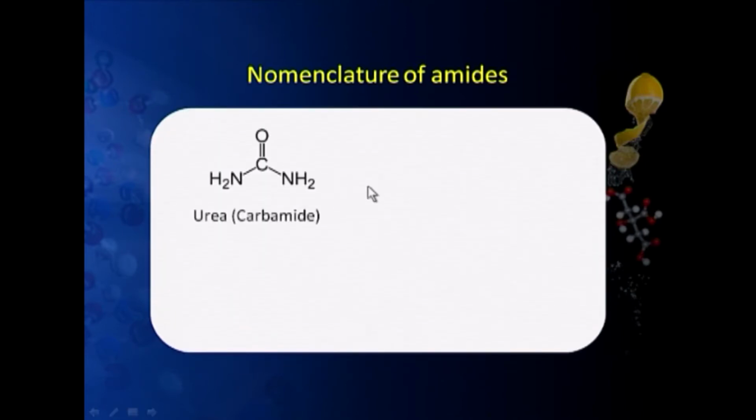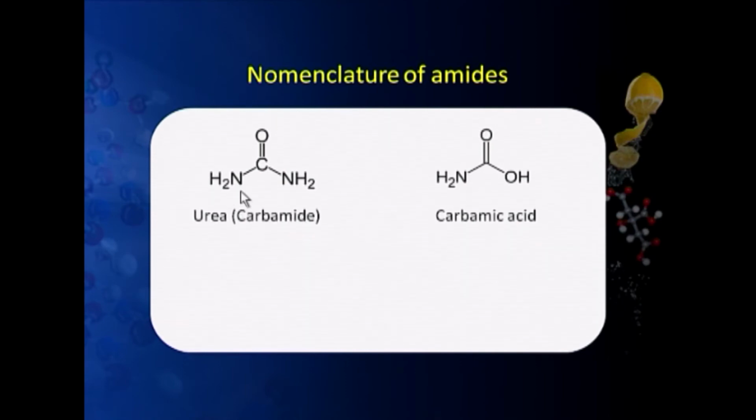Then a very common compound you are familiar with is urea. In a way it is also an amide because it has this CONH2 group. This urea is also named as carbamide. Actually it is the amide of another acid which is called carbamic acid, NH2COOH. In this acid, OH has been displaced by NH2.